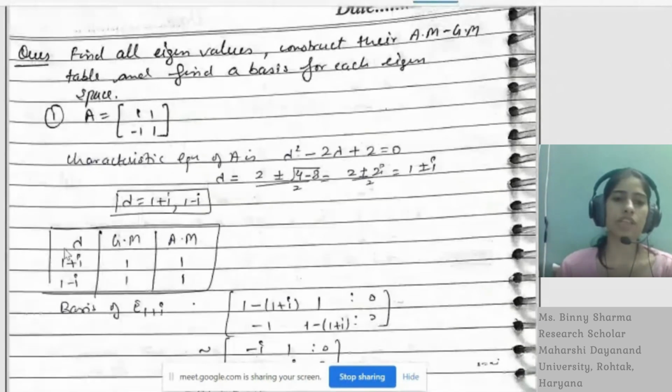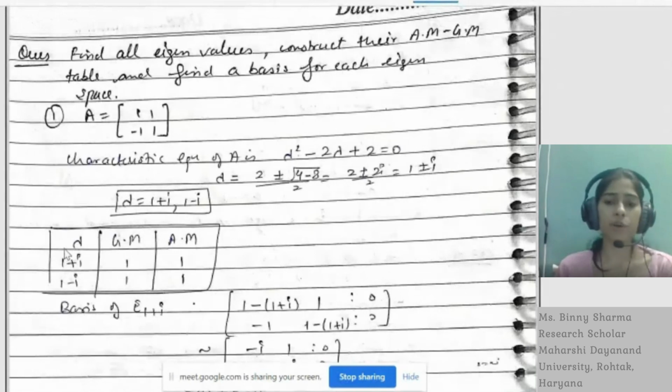The next question is: find all the eigenvalues, construct their AMGM table and find the basis for each eigenspace. We have a matrix A which is defined as [1, 1; -1, 1].